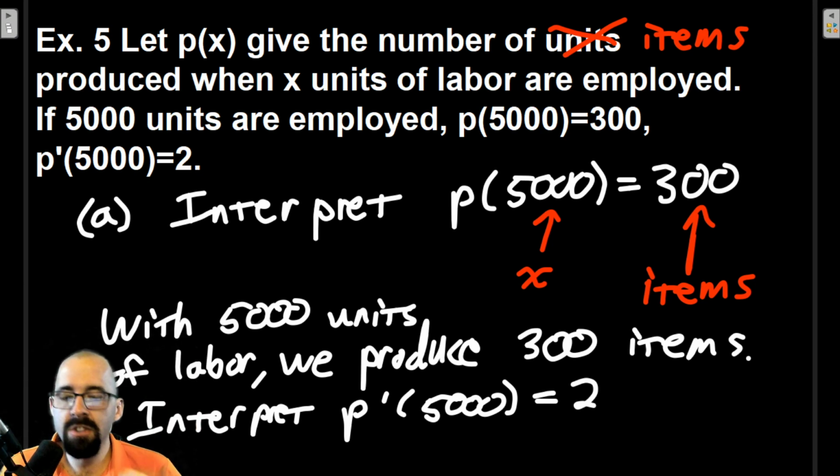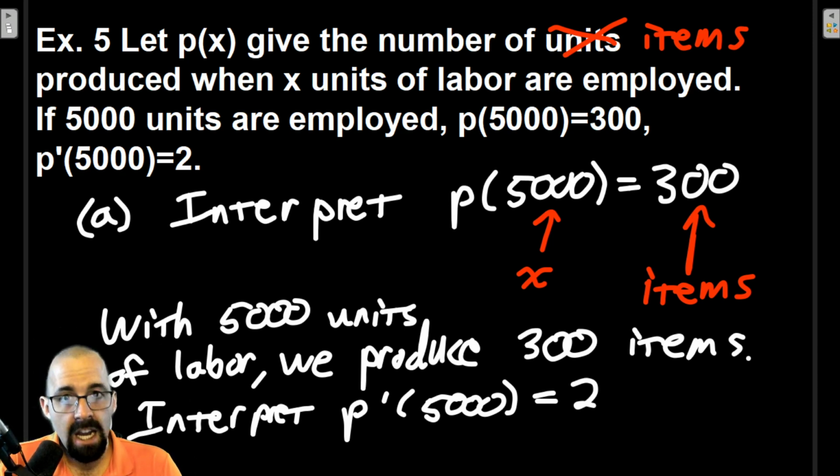For a lot of applications, the derivative has to do with marginal. Like marginal cost is C prime, marginal profit is P prime, marginal revenue is R prime. So you can sort of think about this as something like that, but it doesn't really translate. This P is not profit.